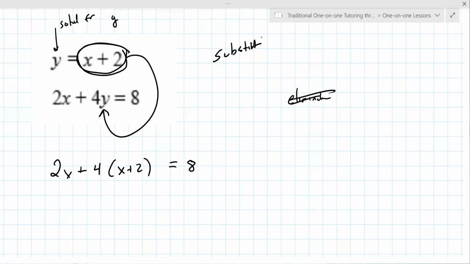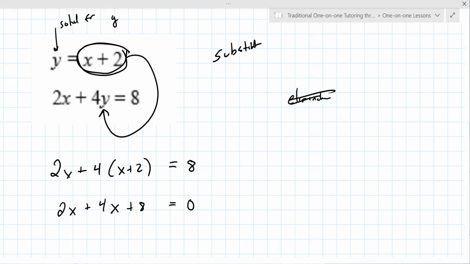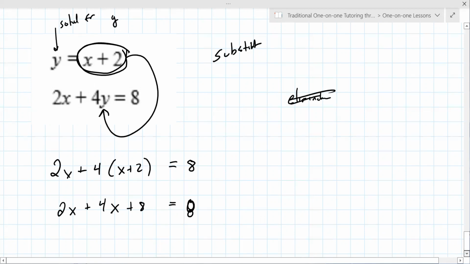Could you solve this for x for us, please? x equals 0. How did you come up with that? I distributed the 4 and I got 2x plus 4x plus 8 equals 8, sorry.